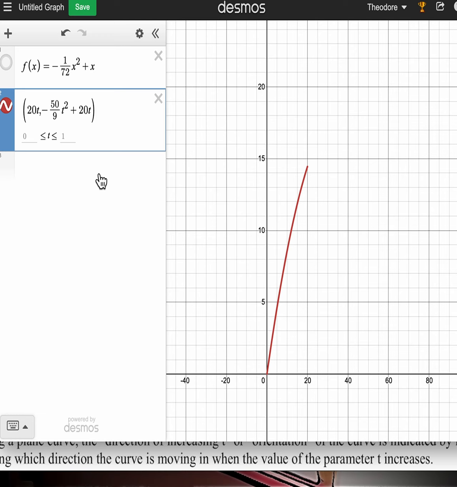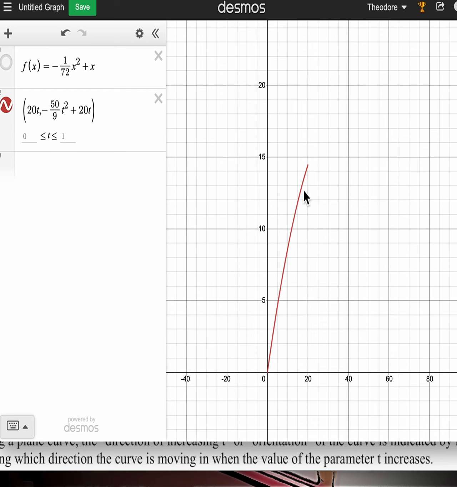It's not quite what I wanted. If I click on this, you see it's only part of what I wanted, but you also see the domain is only going from 0 to 1. If time is measured in seconds, then this would be saying from time t equals 0 seconds to 1 second later.